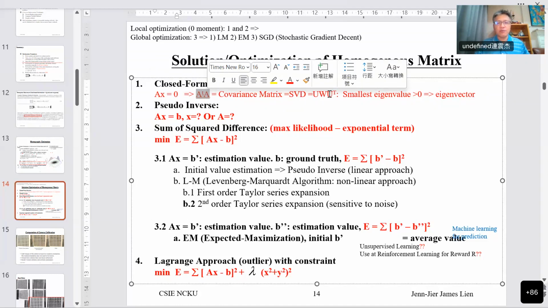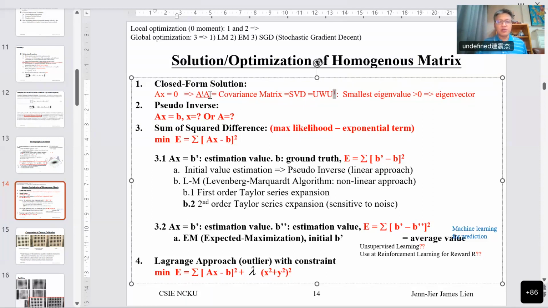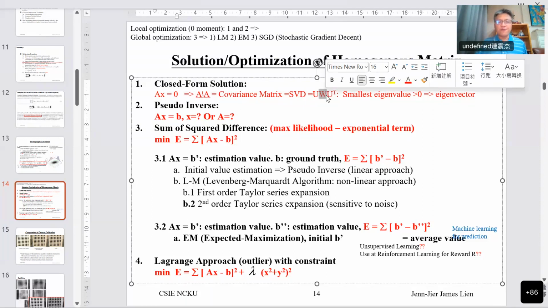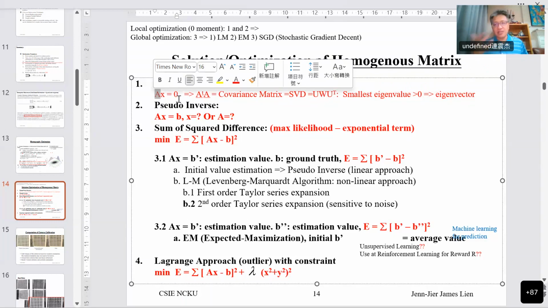We use SVD to become UWVT, and one solution that makes this become 0 means we try to find the eigenvalue close to 0. The corresponding eigenvector is your answer, because we try to let this equal 0, while X is input data, which has value and is not equal to 0.